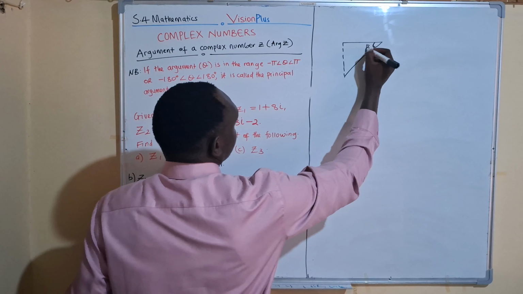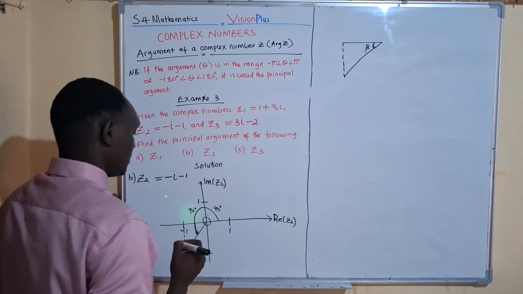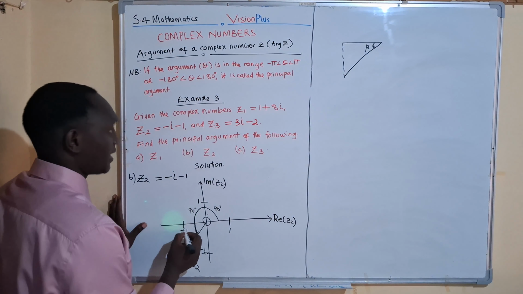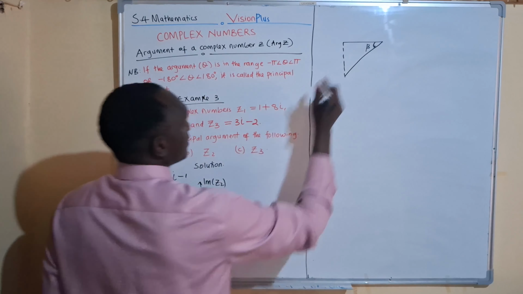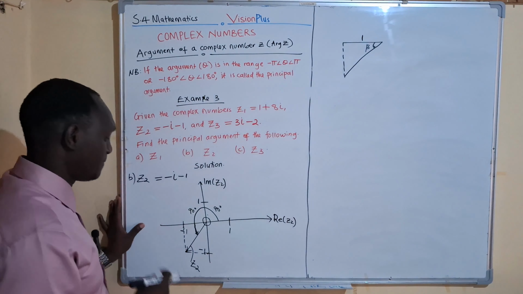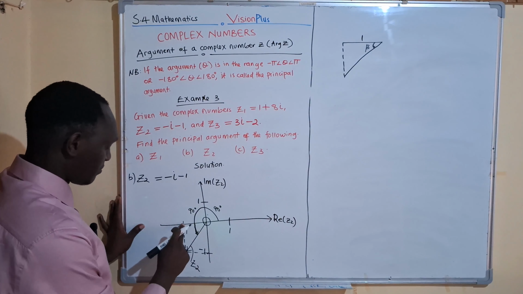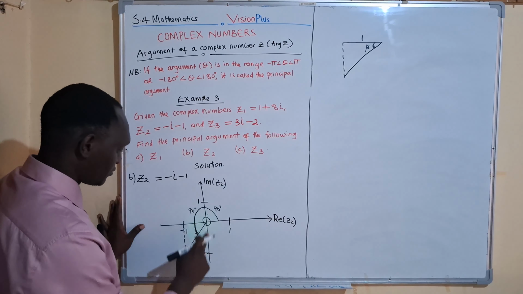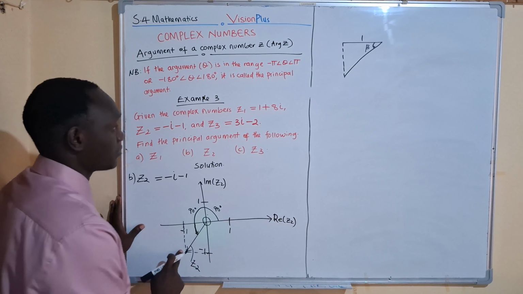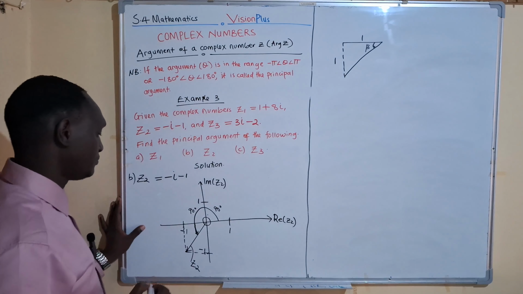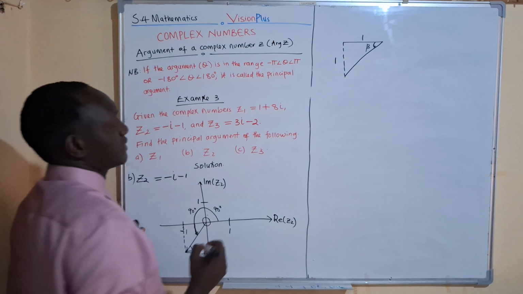Let me use beta again. From here up to here is negative 1. That means it was just 1 unit. The negative shows where it is falling. It shows the quadrant. Also, from here up to here is negative 1, which is 1 unit. From here down to here is the same, which is also 1 unit. Yeah, we have extracted everything.